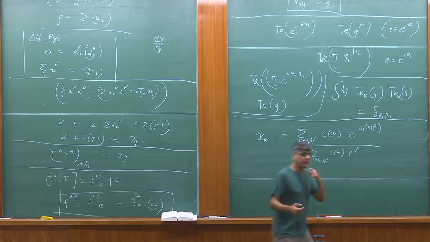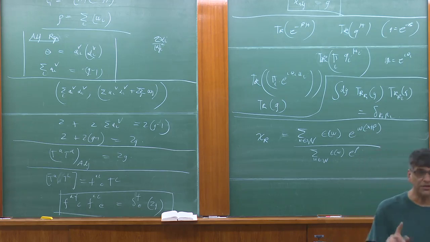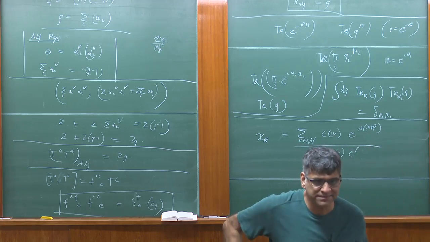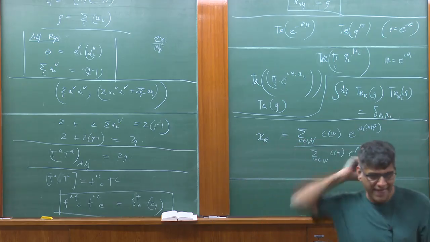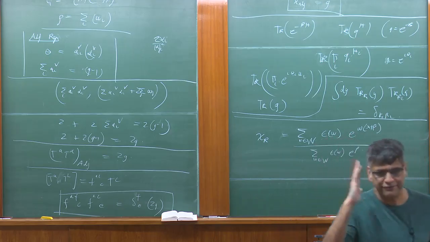So I think what is probably true is that the action of the Weil group on all simple roots, positive simple roots, gives all roots. For SU(3), I once checked.